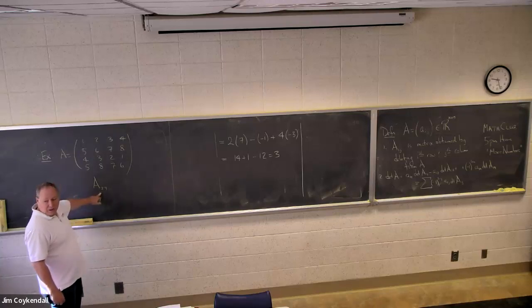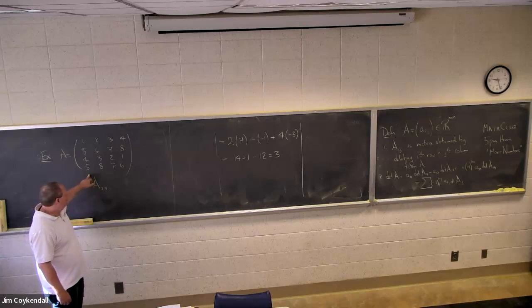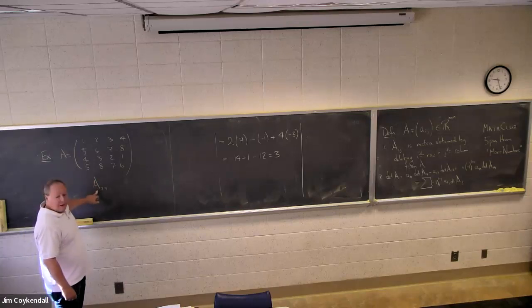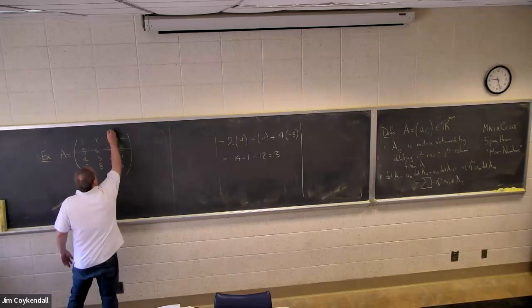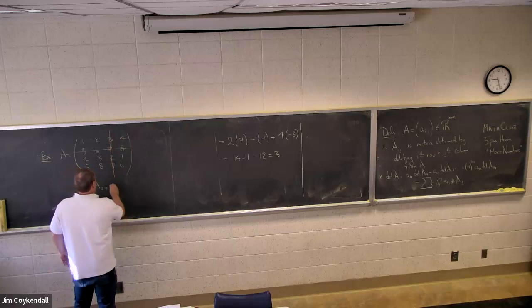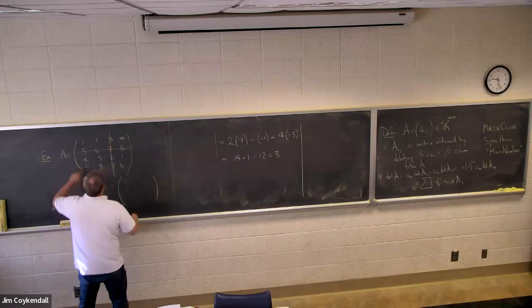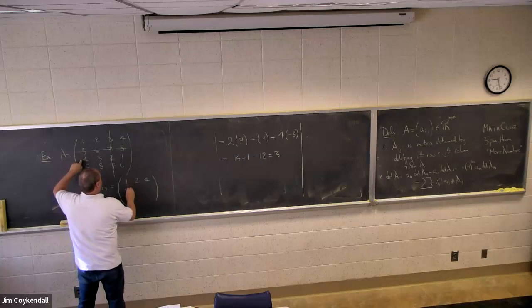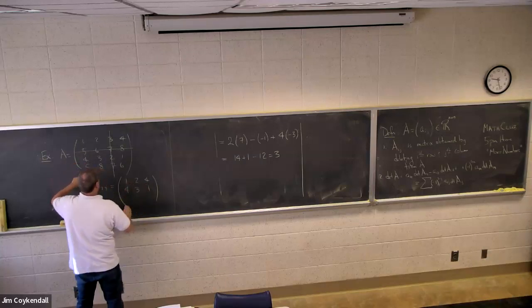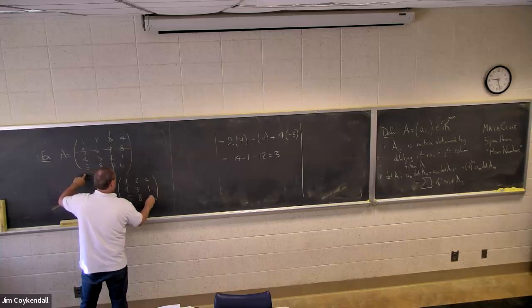It should be one size smaller in the following sense. This is 4x4. This thing should drop to 3x3. This is the matrix obtained when you delete the second row, third column. Right? Second row, third column. So this should be the 3x3 matrix 1, 2, 4, 4, 3, 1, 5, 8, 6.